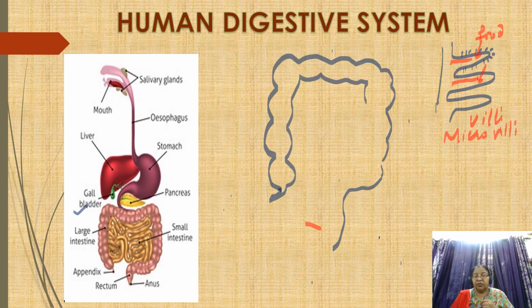This part is called the colon. First let's discuss the first part. It is called the cecum. After the small intestine, this is the small intestine.